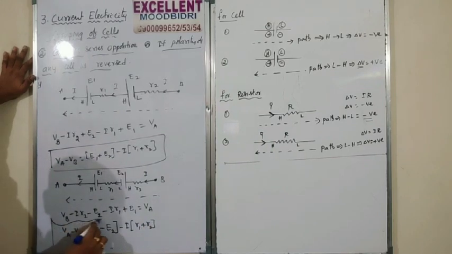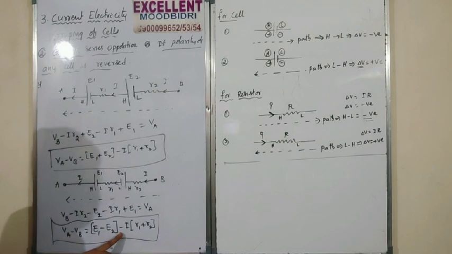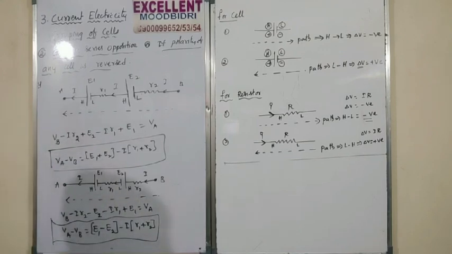Any direction you can take, nothing will happen. VA minus VB is equal to E1 minus E2 minus I of R1 plus R2. Are you clear? These are the cells in series combination.